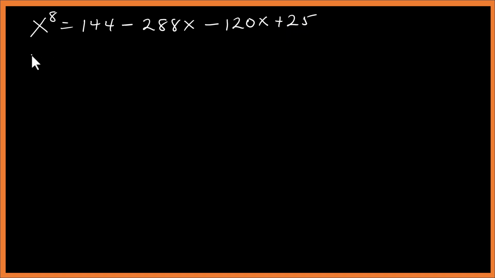So x to the power 8: 144 plus 25 will be 169. Then minus 288x minus 120x will be minus 408x.